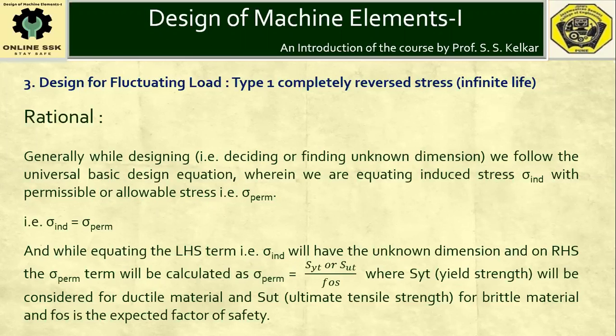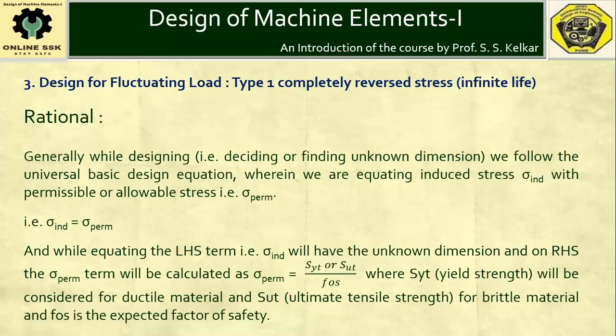This equation is assumed to be the universal equation of designing. Any design can be formulated using this equation, wherein induced stress is equated with permissible stress. It covers any kind of machine design or mechanical design, and therefore it is often referred to as the universal design equation.